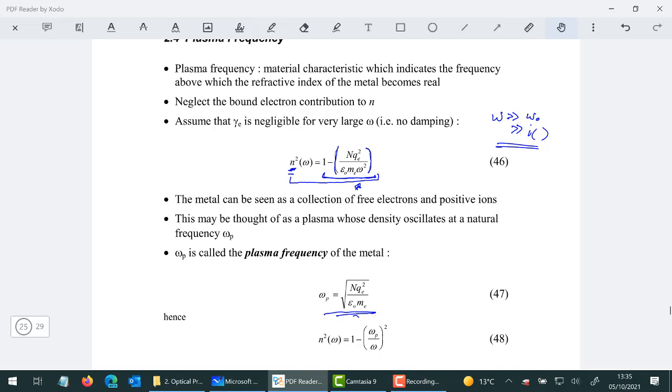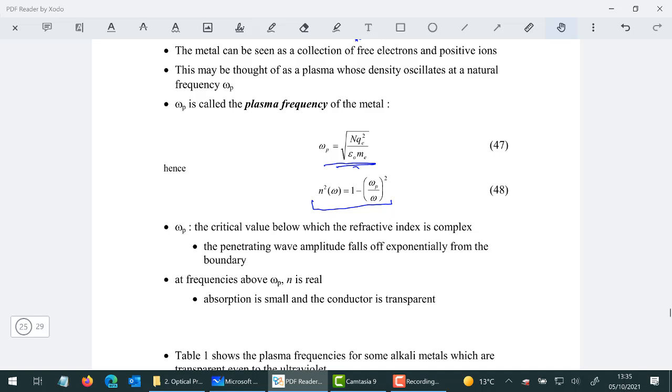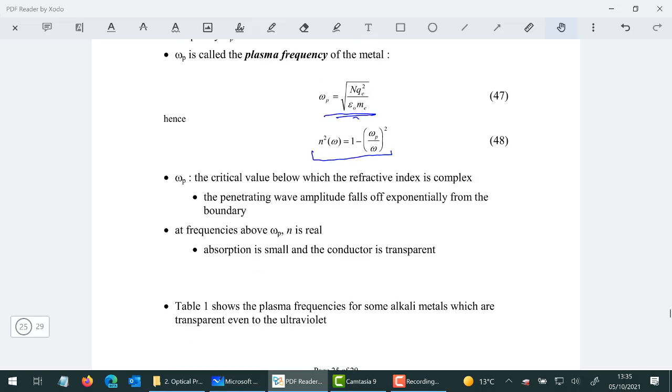And so our refractive index can then be defined as the square root of 1 minus omega p over omega, the plasma frequency divided by omega, all squared. Now, if the thing in the curly brackets is bigger than 1, then n will be complex, and if it is less than 1, it's a real number.